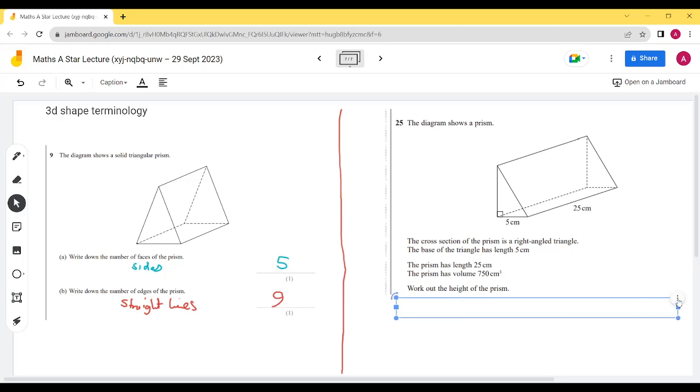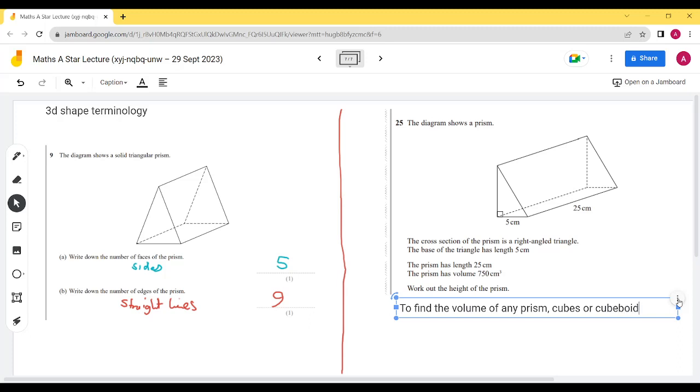But basically, to find the volume of any prism, and this would also work for cubes or cuboids. So a cube is, by the way, like a 3D square.